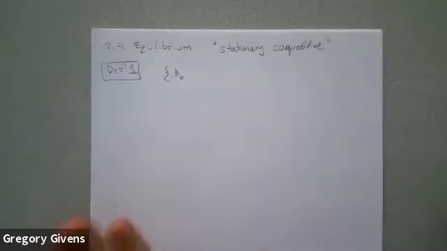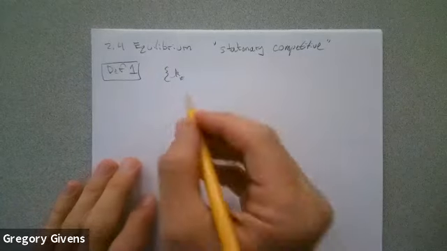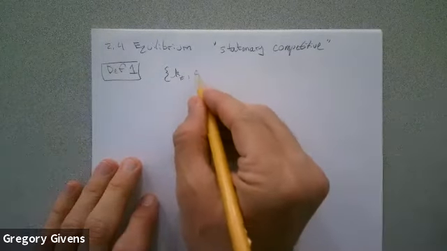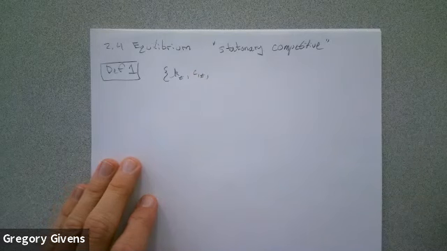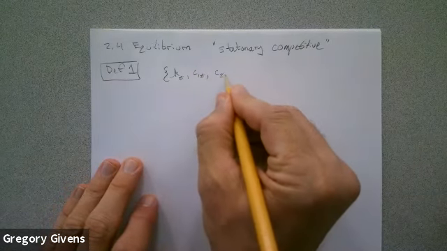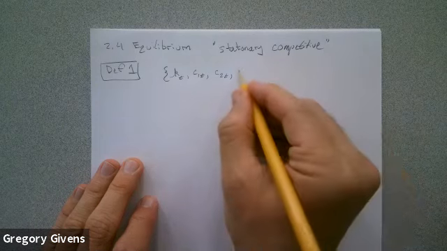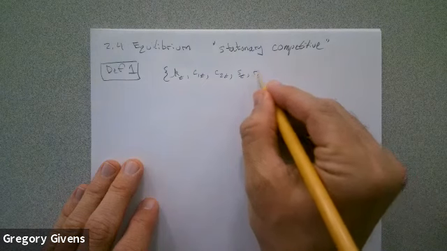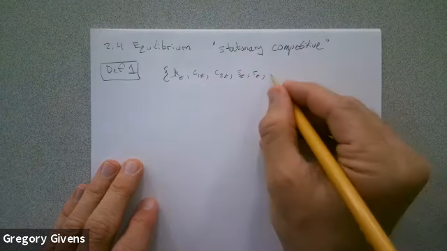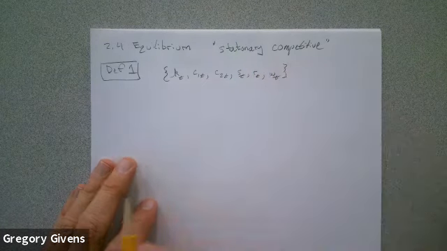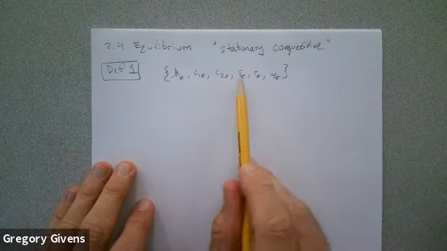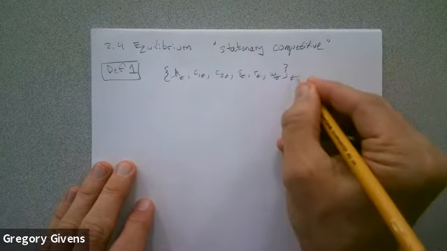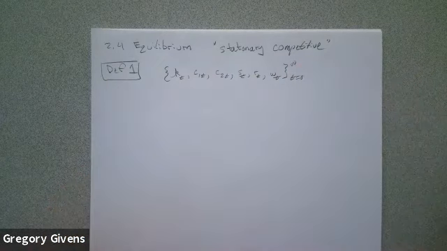So a stationary competitive equilibrium are sequences: capital per worker, consumption of a young individual, the consumption of an old individual, the savings of a young individual, the return to capital, as well as the real wage. So it is a sequence of these six objects, from some initial date to infinity, that have to satisfy the following conditions.